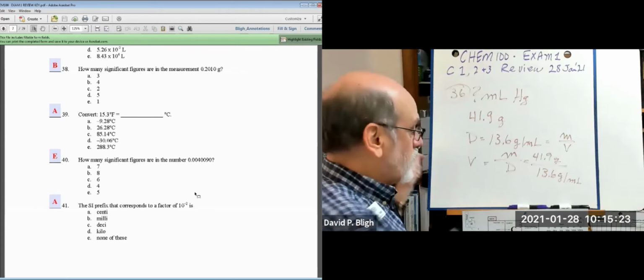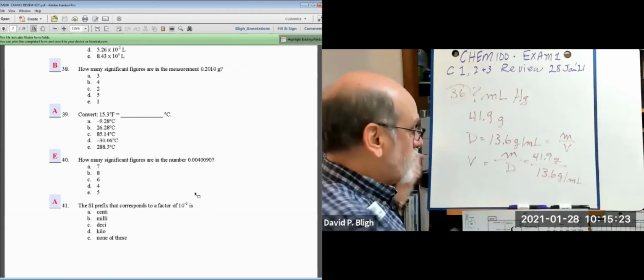They're significant. This one's a 0 to the right, and there's a decimal. That one's also significant. So we have 1, 2, 3, 4, 5. 5 significant figures in that number. There you go. There's the answer, E.